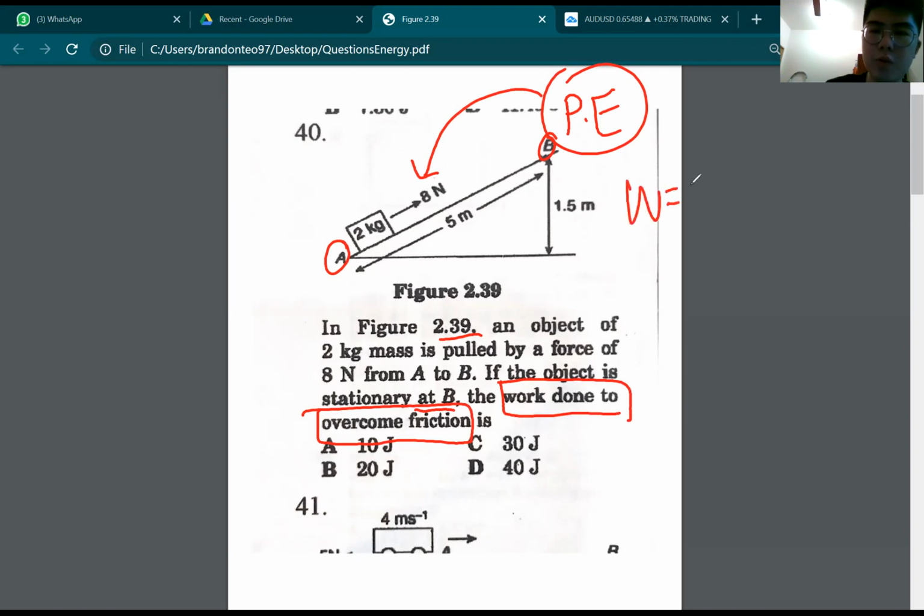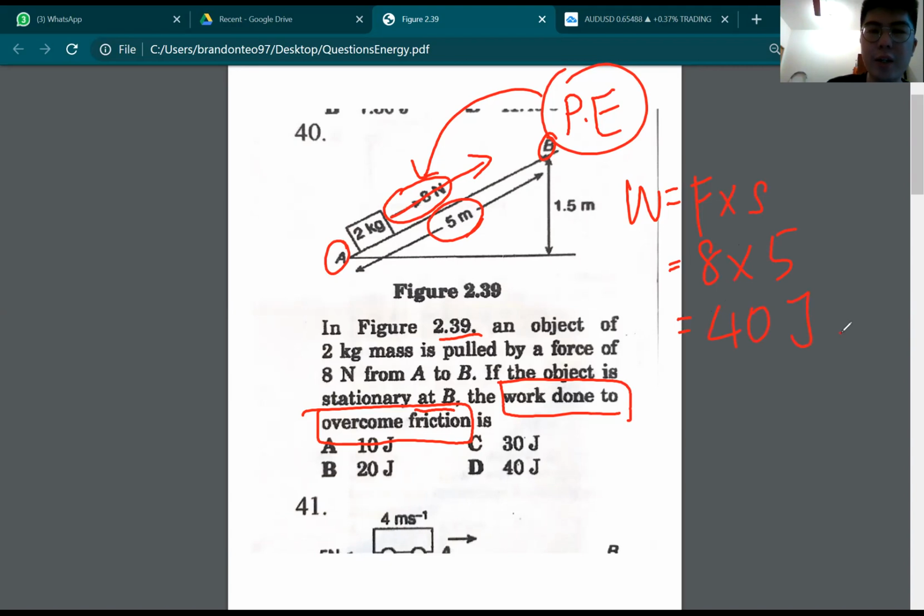W equals F times distance. Remember, force and distance have to be in the same direction. So if the force is diagonal here, you take the diagonal distance. So 8 N times 5, both acting diagonally, so 40 joules.